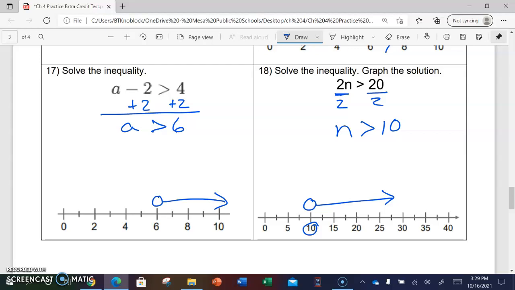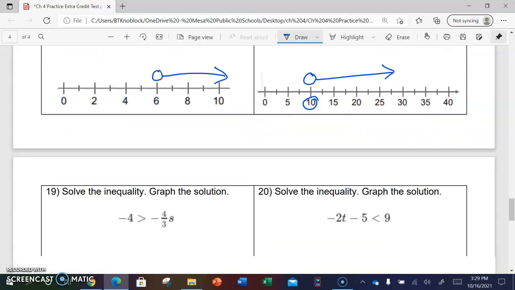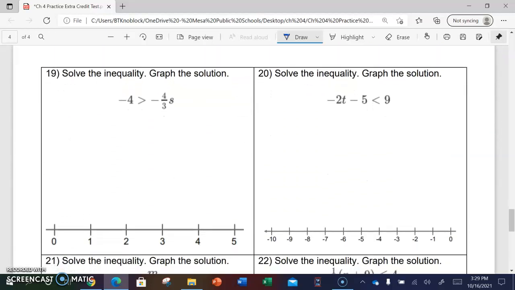All right, on the last page. So on this one, we want to get rid of the negative 4/3. So you multiply by its reciprocal, which would be negative 3/4. So I multiply this side by negative 3/4.